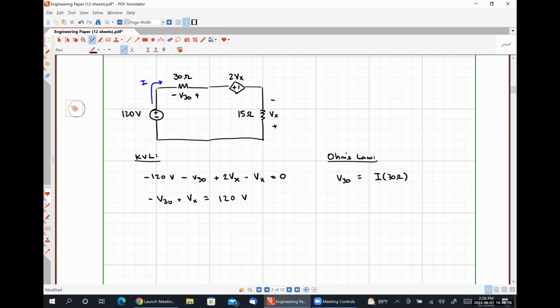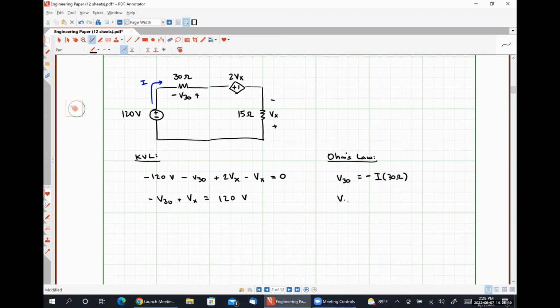But there is an important thing that we need to notice here. Our current I is flowing into the negative polarity terminal. Whenever our current is flowing into the negative polarity terminal of our resistor, we need to include a negative sign in our Ohm's law equation. What this does is forces this resistor to absorb power. Okay?